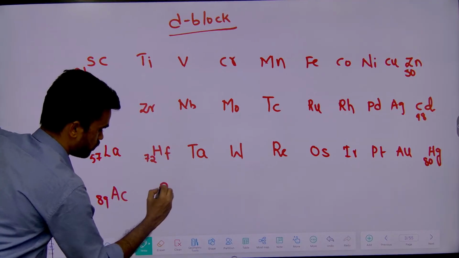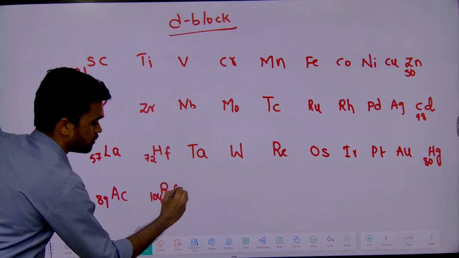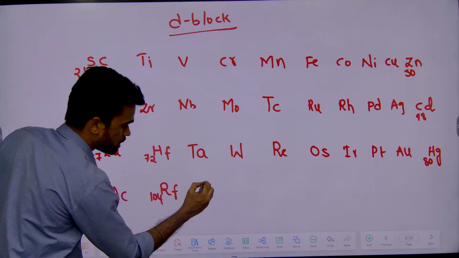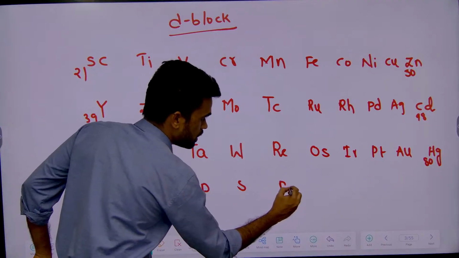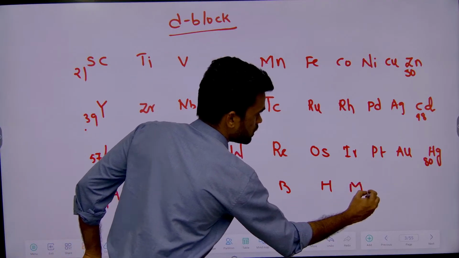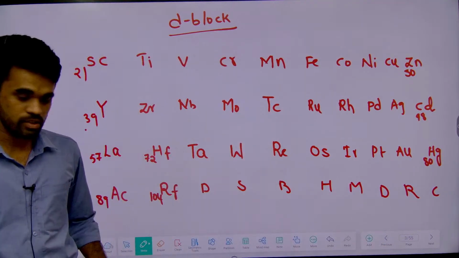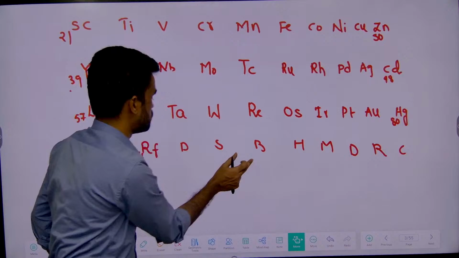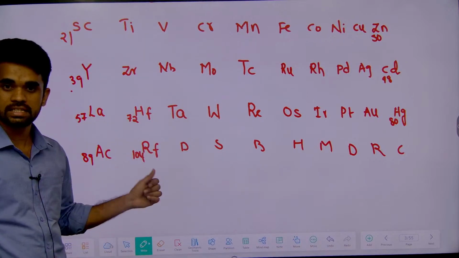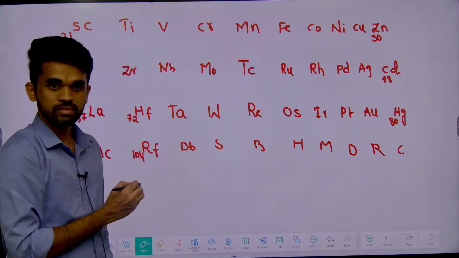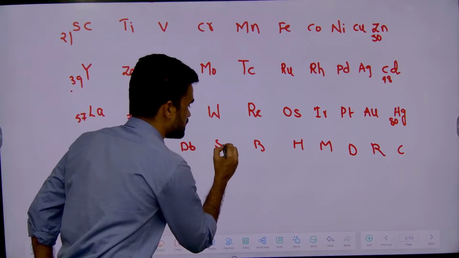Next element starts from rutherfordium 104, Rf. So you just remember this line. See how I am writing: RDS, BHM, DRC. I will tell you how to remember also. First, RDS. First one is rutherfordium. The next dubnium, Db. Next seaborgium, Sg.